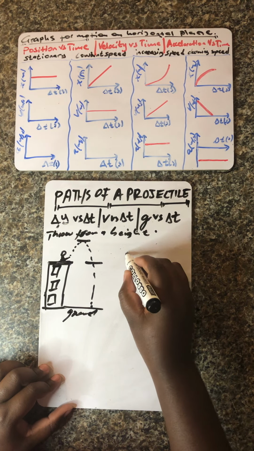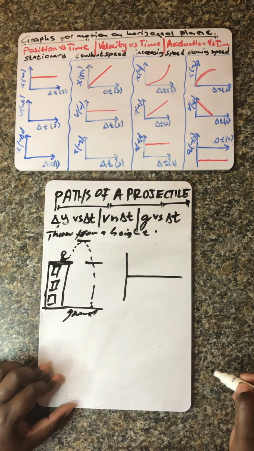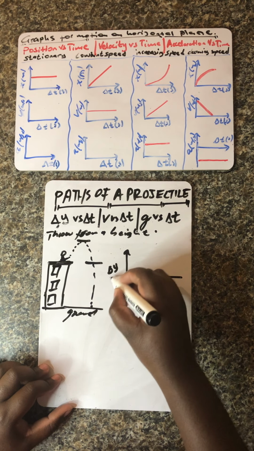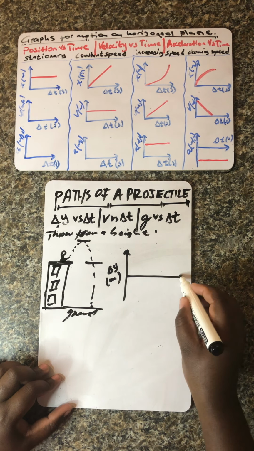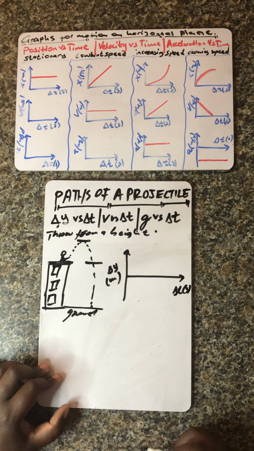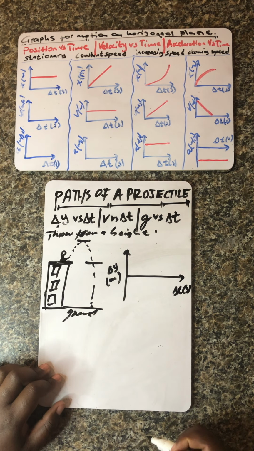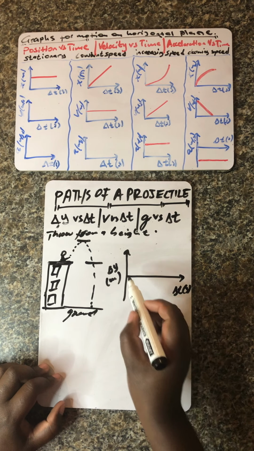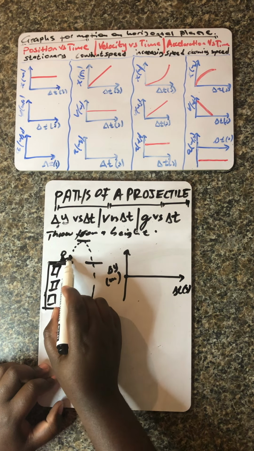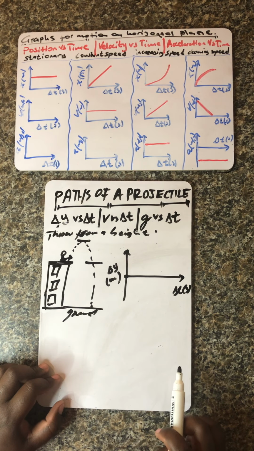Obviously our first graph is that of delta y in meters versus delta t in seconds. Here you need to be very, very careful, ladies and gentlemen. Remember, initially the distance is 0 at that point over there where it's being thrown vertically upwards.